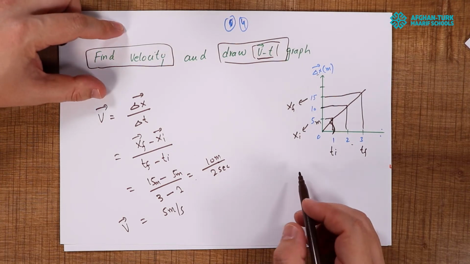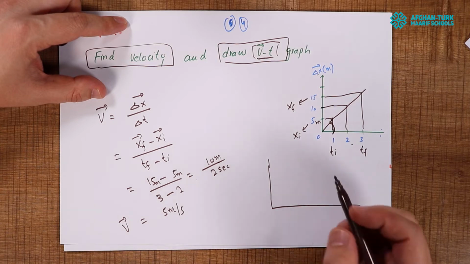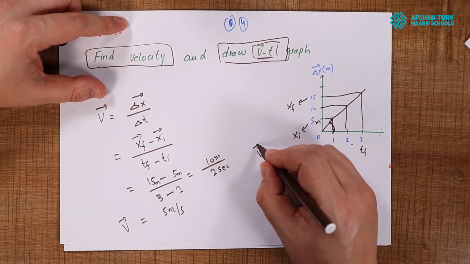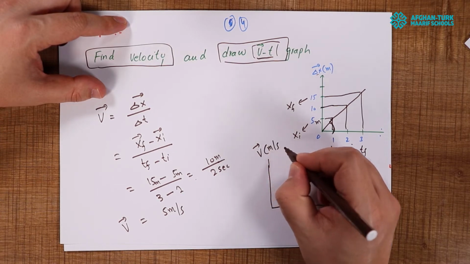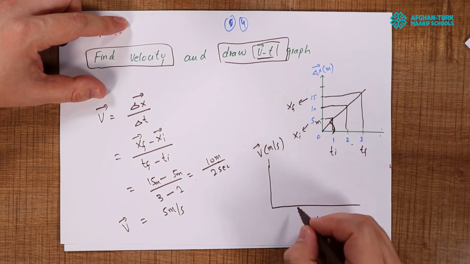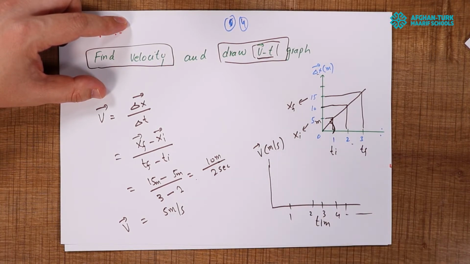Here it's very simple. In a VT graph, on the vertical side we must have velocity, meter per second, and on this side is time. Let's suppose we have 3 seconds or more: 1, 2, 3, 4, and so on.